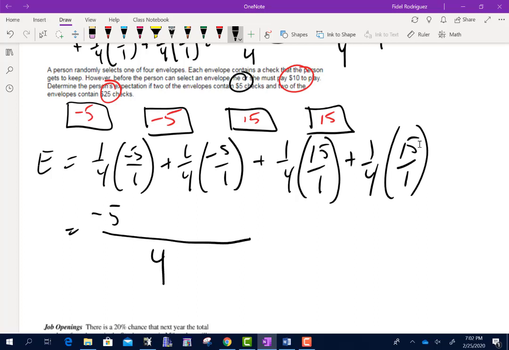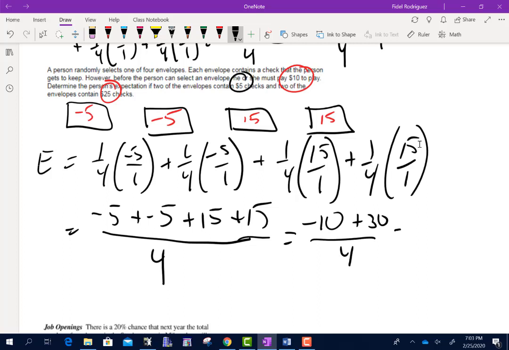So -5 plus -5 plus 15 plus another 15. That's -10 plus 30 over 4. That's 20 over 4. So my expected value is $5.